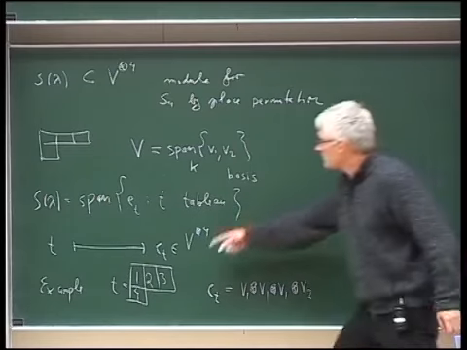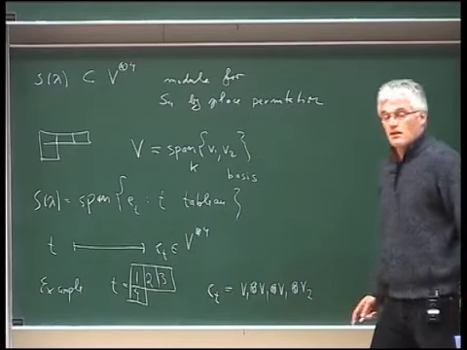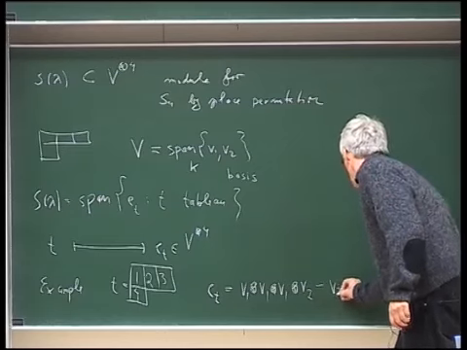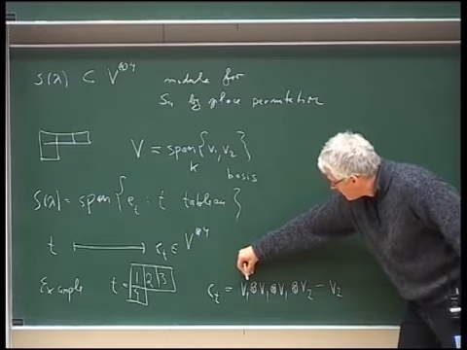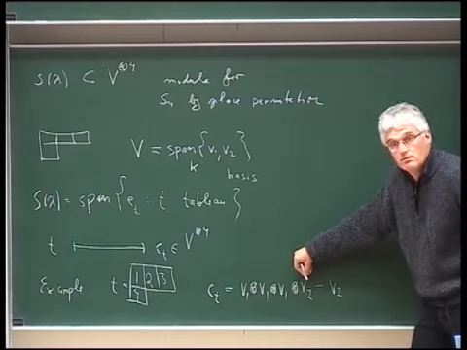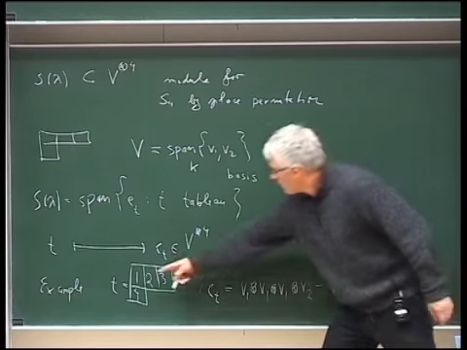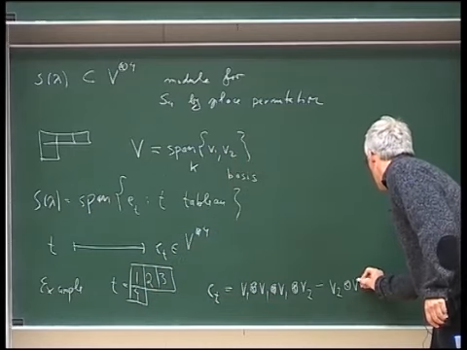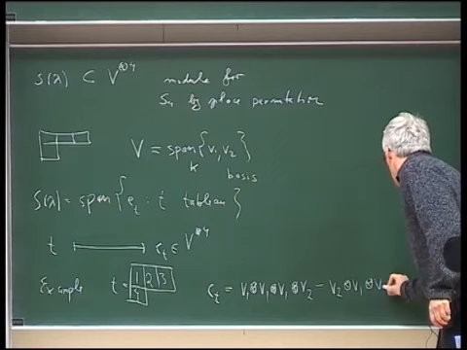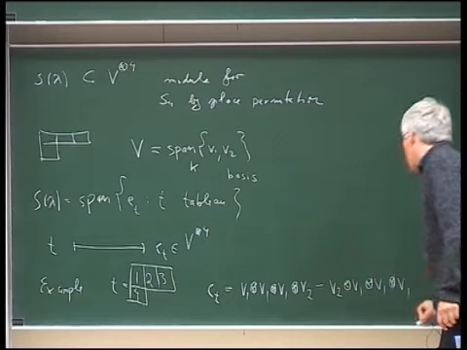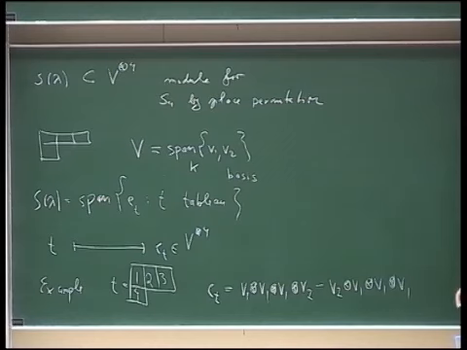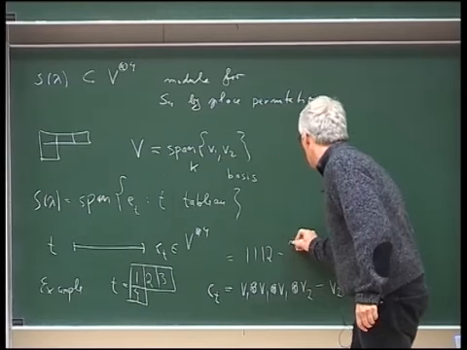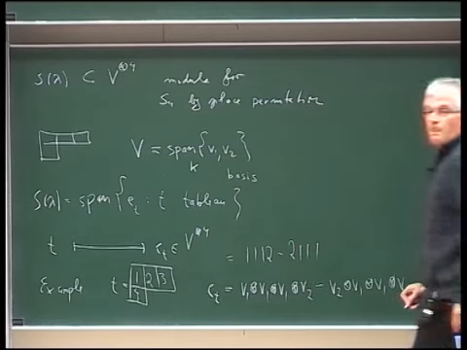And then I should anti-symmetrize with respect to all the columns. Now there's just one column, so I should subtract the permutation of V1 and V2, the first and the fourth position, because I have here 1 and 4. So it could be V2, V1, V1, V1. And for this expression, I'll use the shorthand 1, 1, 1, 2, minus 2, 1, 1, 1.